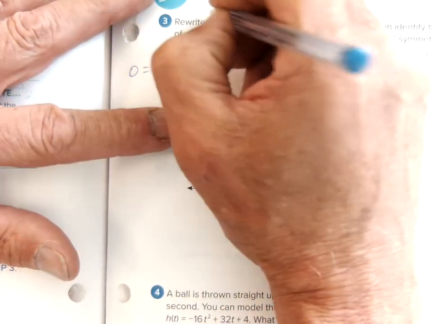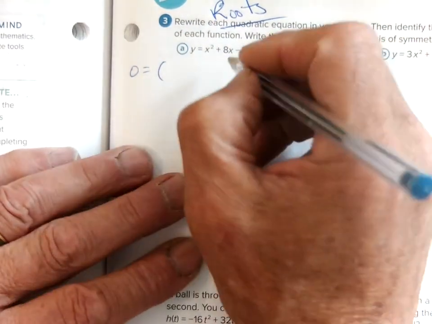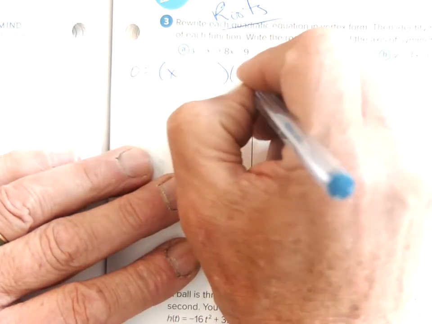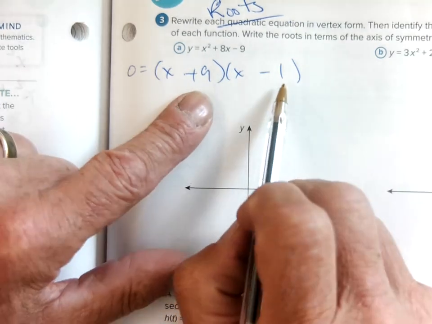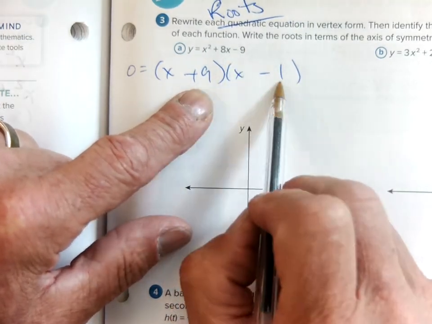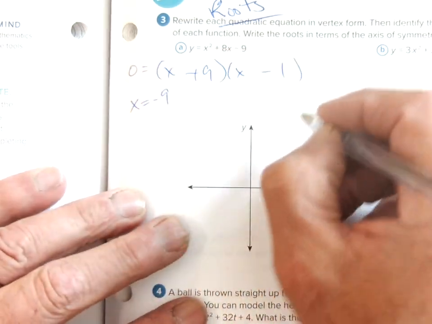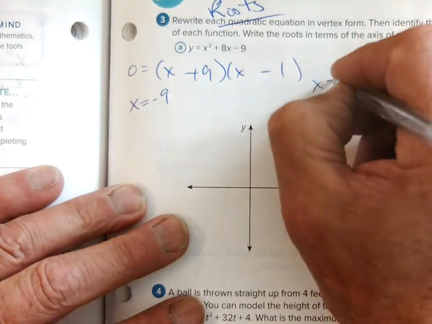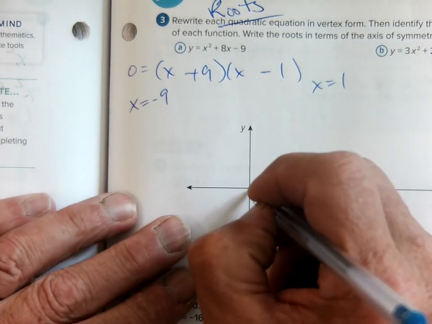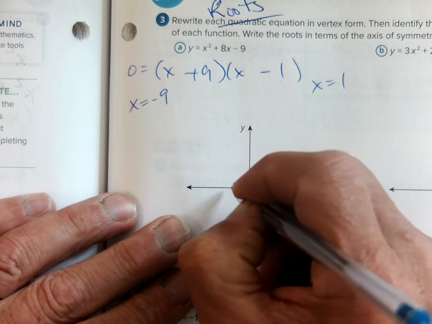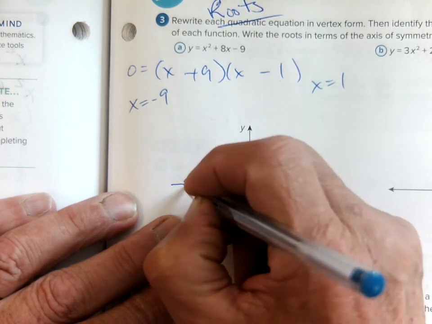If I want the roots, an easy way to get them is to factor: x and x, positive 9 and negative 1, because they multiply to make negative 9 but add to make 8. So x is equal to negative 9, and x is equal to 1. I can go to negative 9, then 1, 2, 3, 4, 5, 6, 7, 8, 9.